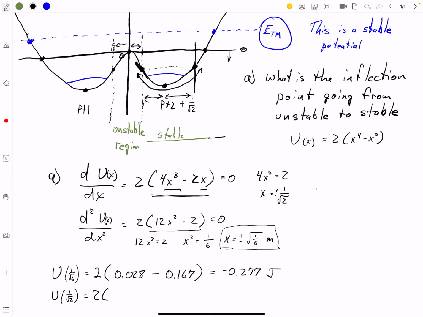And then, so we've got 2 times 0.250, and we're going to subtract off 2 times 1 over square root of 2. Oh, whoops, no, 1 over that. Multiply them together.